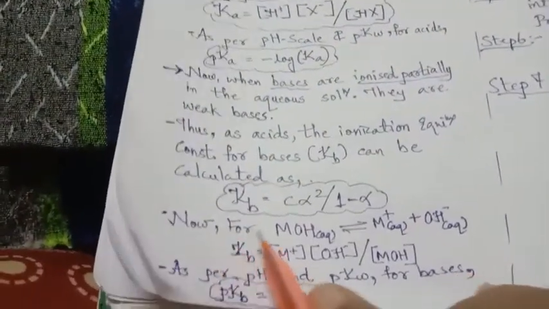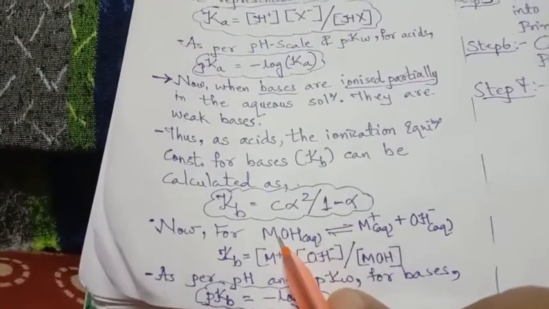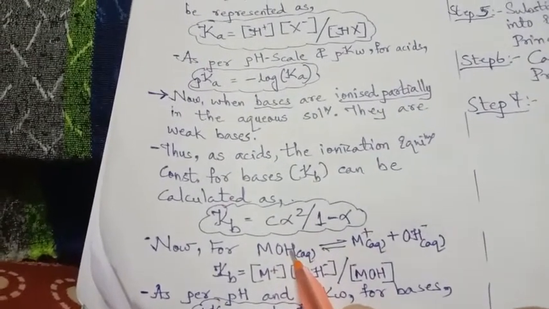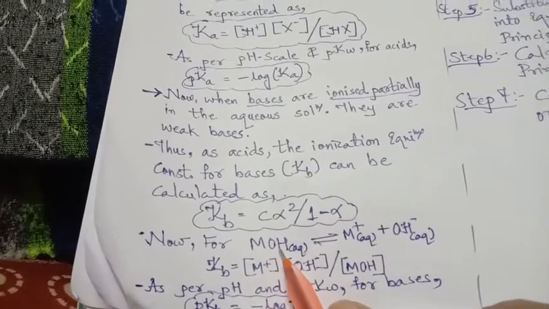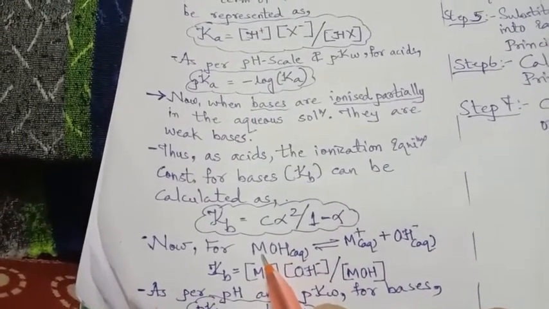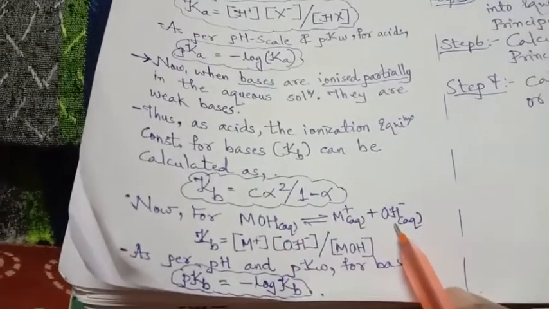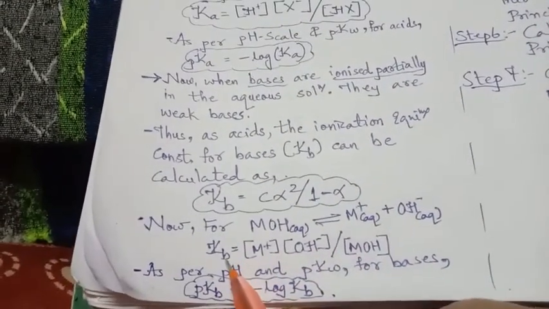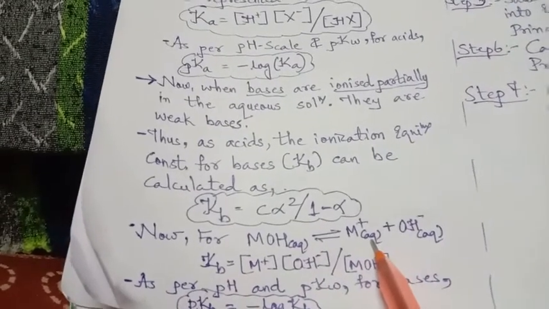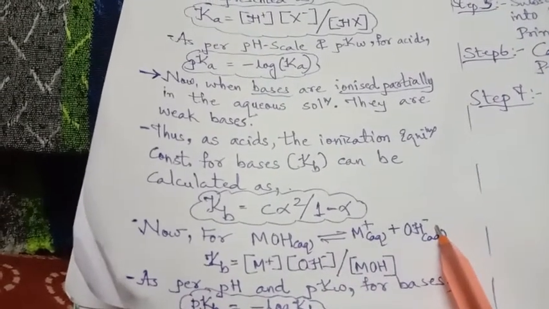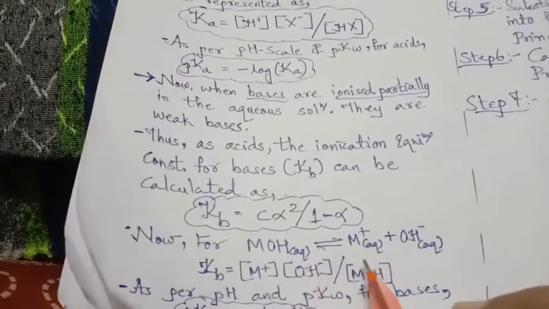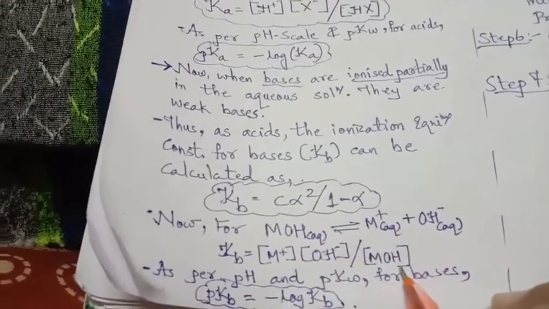Here suppose the equation is MOH, where M stands for the metallic element and OH is the hydroxide. So when metallic hydroxide reacts, it dissociates into a metallic cation and hydroxyl ion. If I consider Kb here, then it is the product of the products, that is M plus into OH minus, divided by MOH, concentration of products upon concentration of reactant.